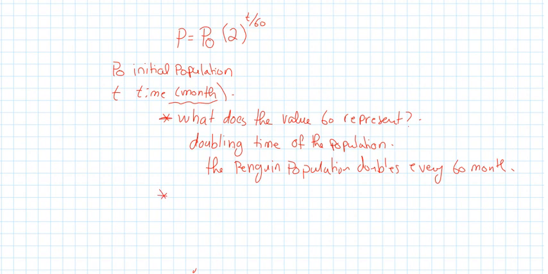If there are 400 penguins in this region today, approximately how many penguins will there be in 2 years? So today we have 400 penguins.